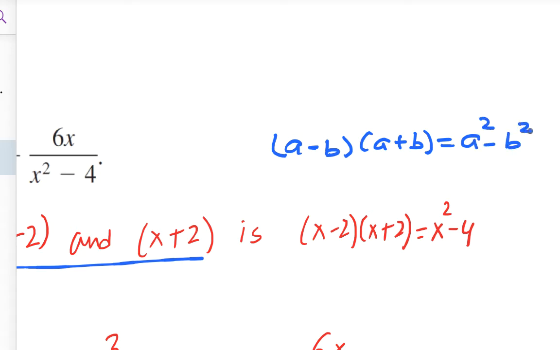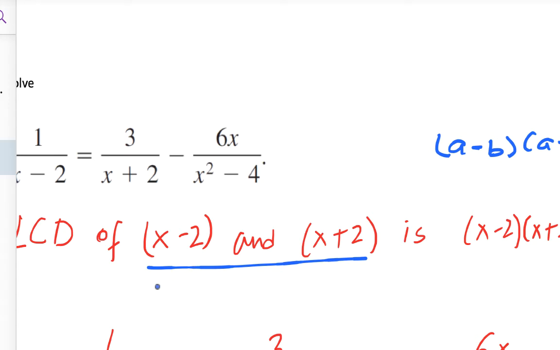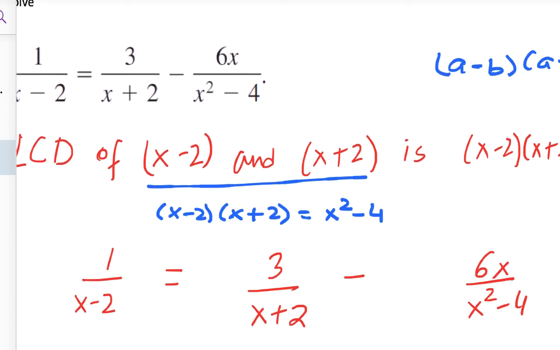So using the difference of squares, guys. Okay, so coming back, what we found was that the least common denominator of x minus 2 and x plus 2 is x squared minus 4.